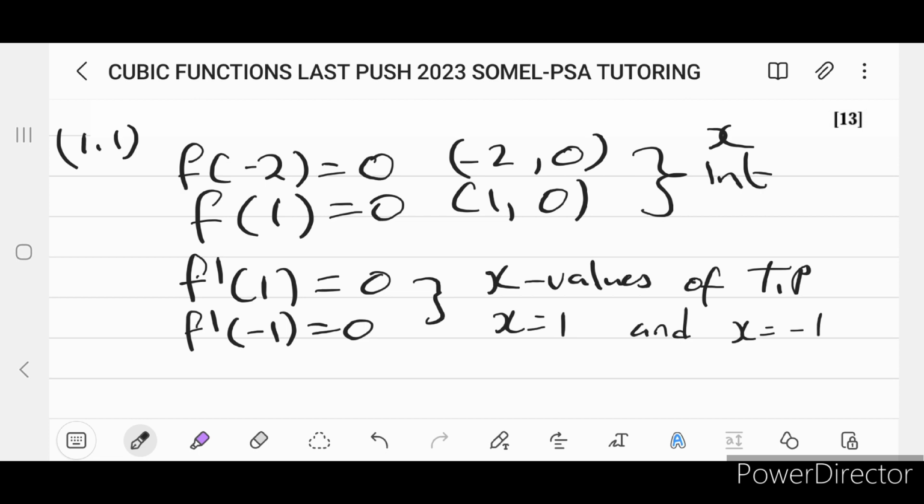But we know the y value when x is 1. We know the image of 1 already. The image of 1 is 0. So I can write this in coordinate form, (1; 0). That means the repeating x-intercept was 1.